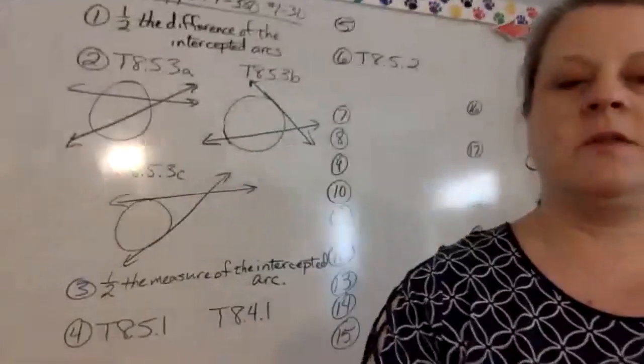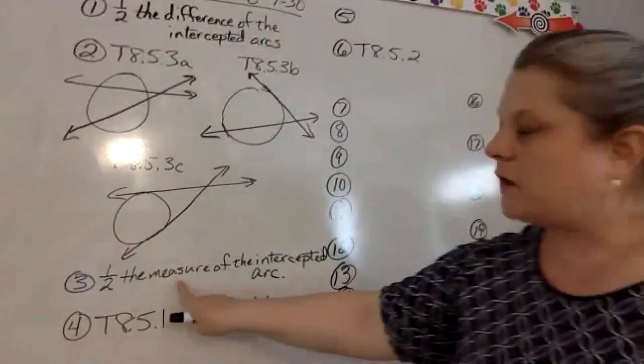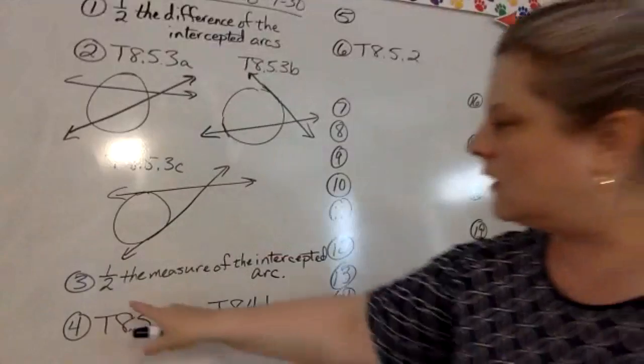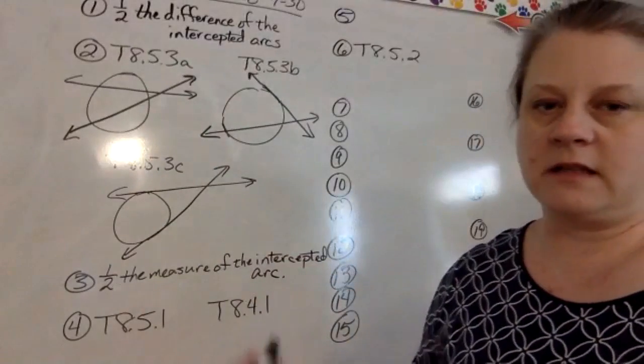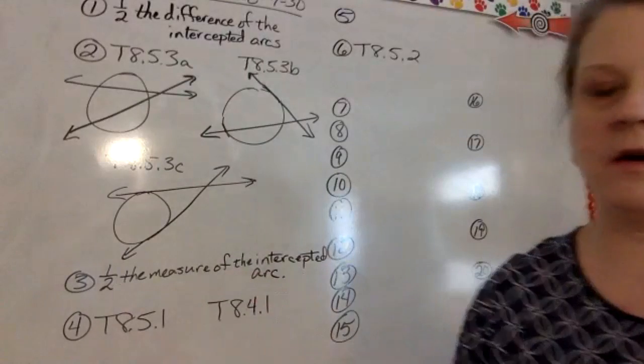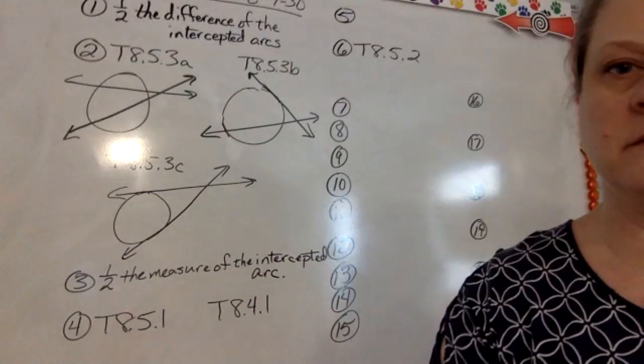Okay, and that's what we did yesterday too, but those inscribed angles. When the vertex is on the circle, the measure of the angle is 1/2 of the arc that it intercepts, the section of the circle that it cuts off. Okay.